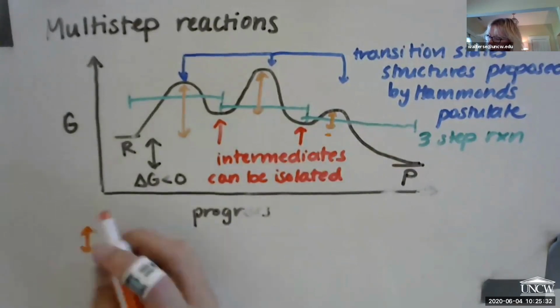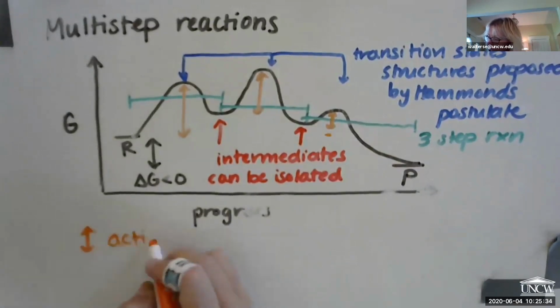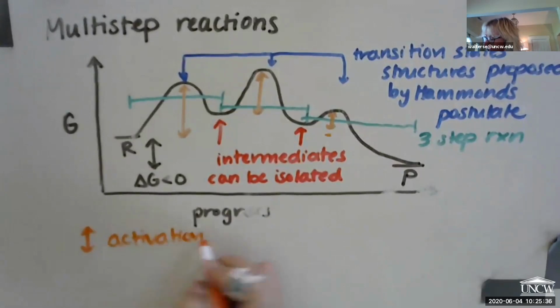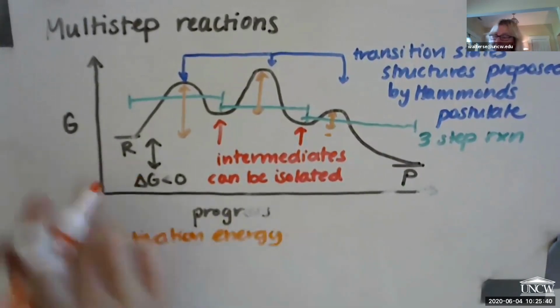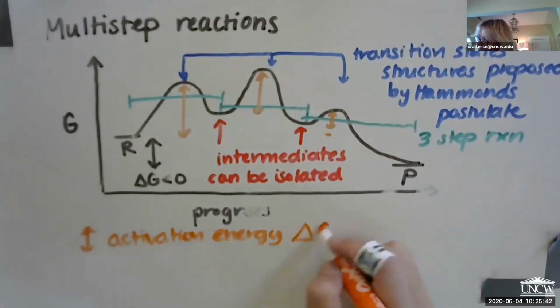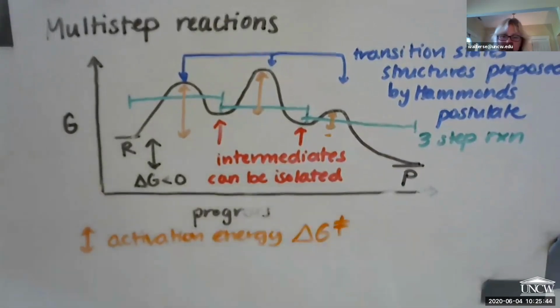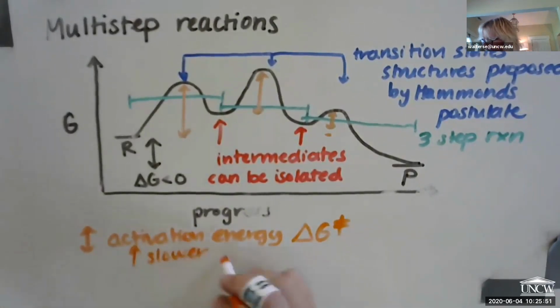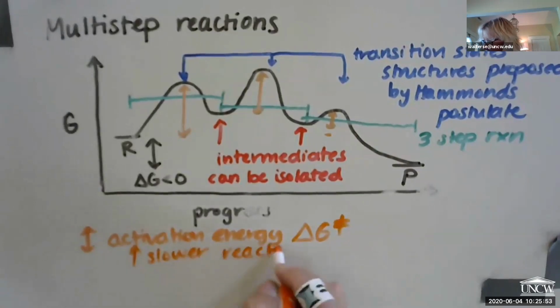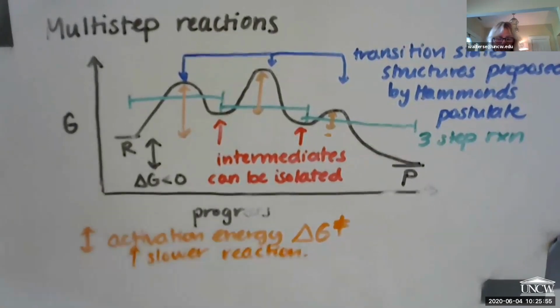So these are activation energies. Now, as long as your y-axis is Gibbs free energy, these are given the symbol delta G, and then you write a double dagger. The higher this is, the slower the reaction. If it's a small activation energy, the reaction is faster.